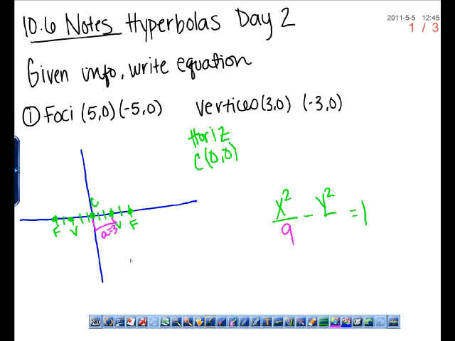Good. C squared equals A squared plus B squared. What is C? 5. Center to the focus. So 25 equals 9 plus B squared. So what must B squared be? Good.